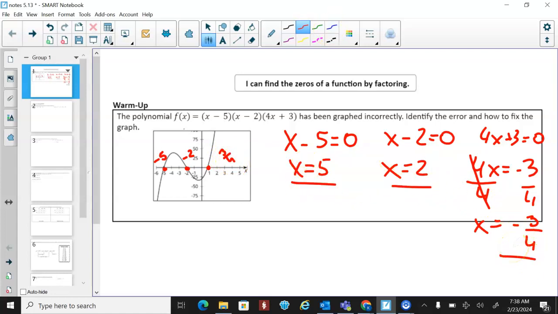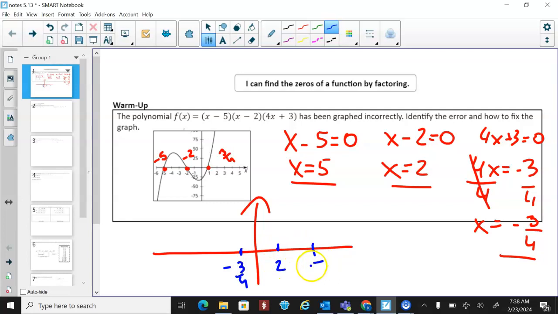It should have been graphed the opposite way. So this would be negative 3 over 4, and this would be a positive 2 and positive 5. If I would have graphed it, it would have gone like this. So signs were not changed, and it wasn't set equal to 0.